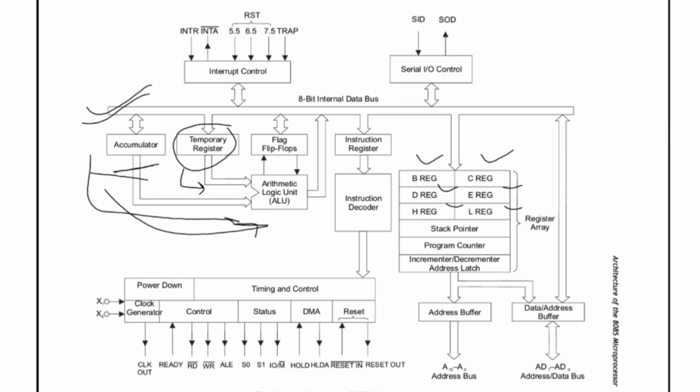So if we look at the sequence of operation in ALU, for ALU to perform any operation, one operand is in the accumulator and the other operand may be in a general purpose register or memory location, which will be transferred to the temporary register. The content of the accumulator and temporary register are considered as the input of ALU, and the specified operation is carried out in the ALU.